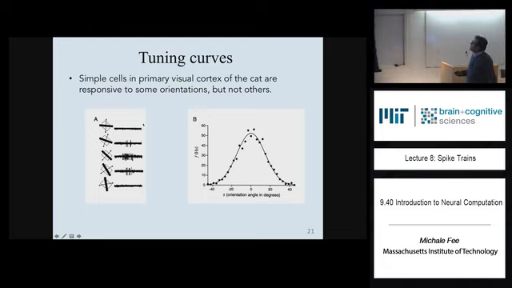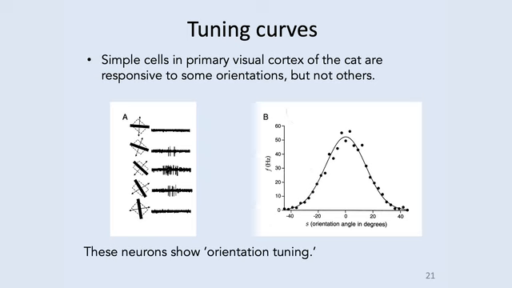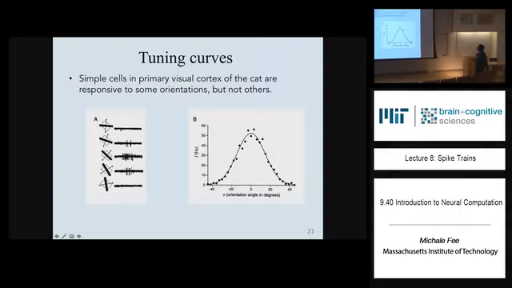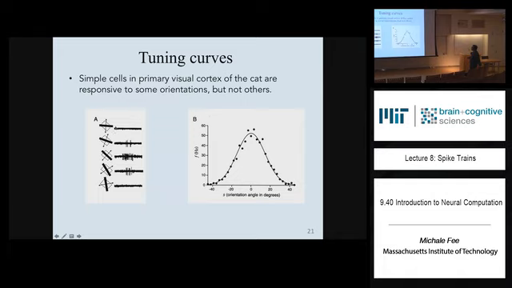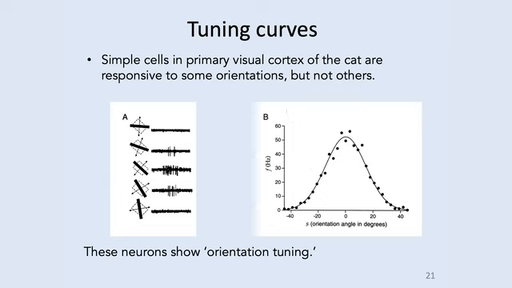So, for example, simple cells in primary visual cortex of the cat, in this case, are responsive to the orientation of visual stimuli in the visual field. So this shows a bar of light. The plot represents a bright bar of light on a black background, actually.